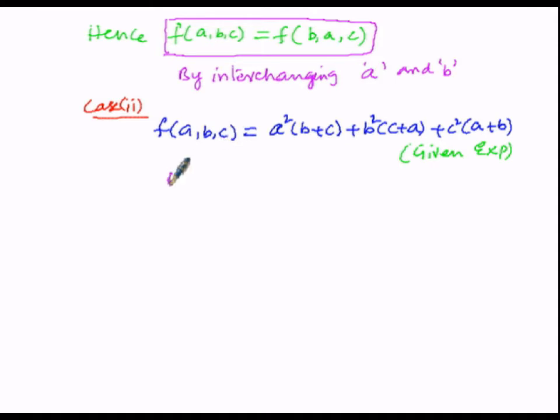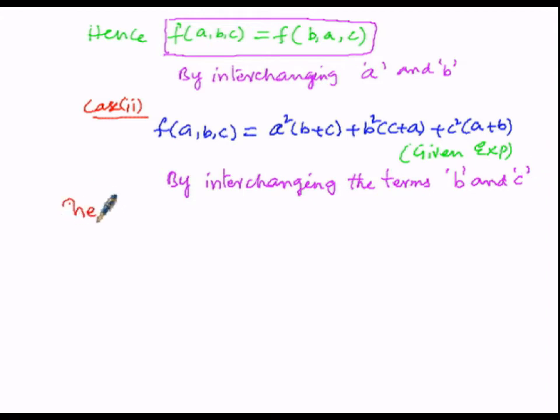So by interchanging these terms, b as well as c, we will be getting an expression, f of a comma c comma b.